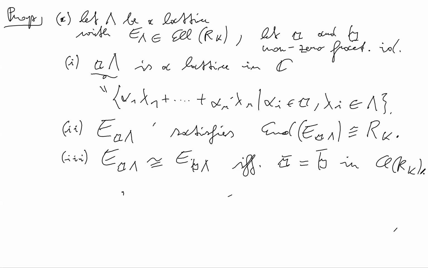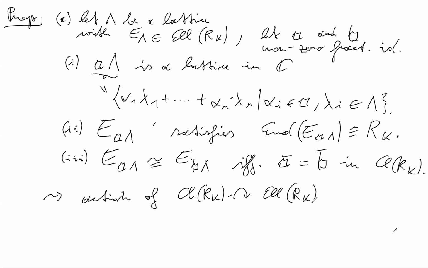Okay? Yeah, and as I said, from this we get an action of the class group on the set of elliptic curves that have complex multiplication by R_K. And now how do I define the action?